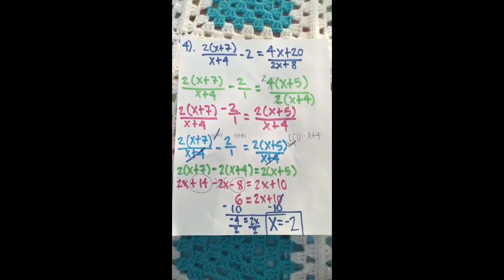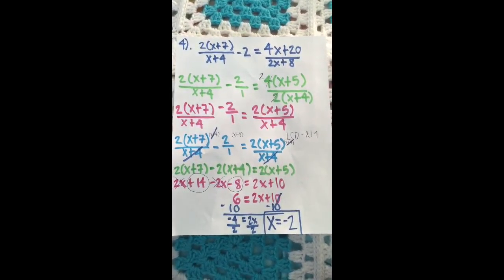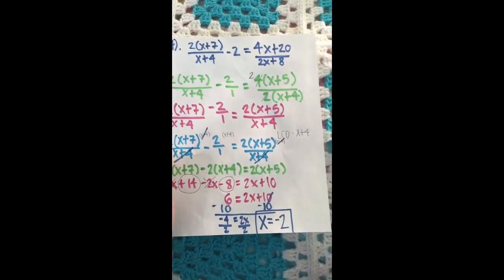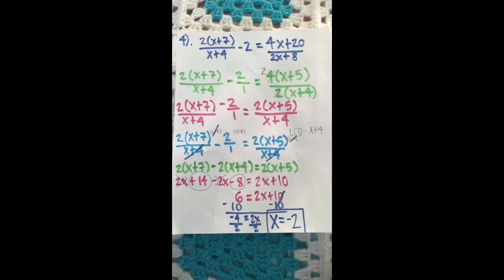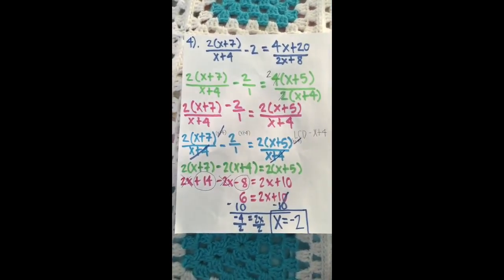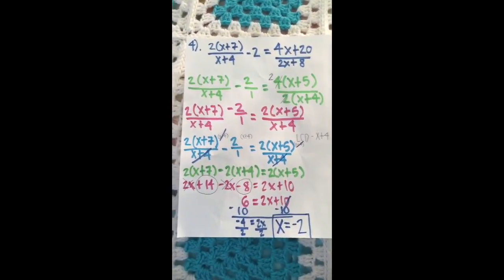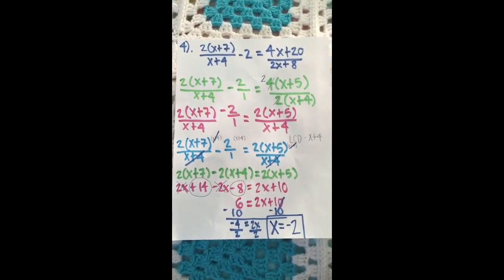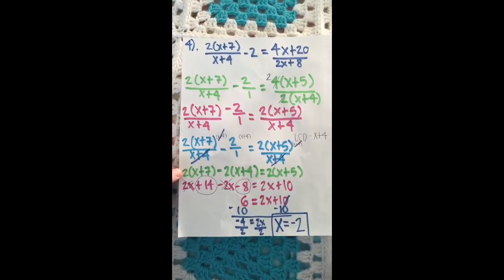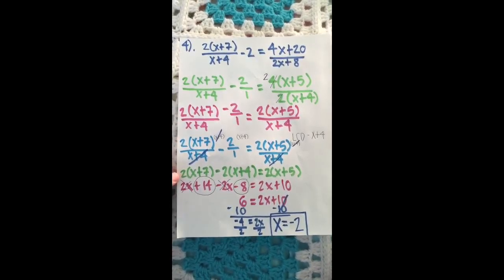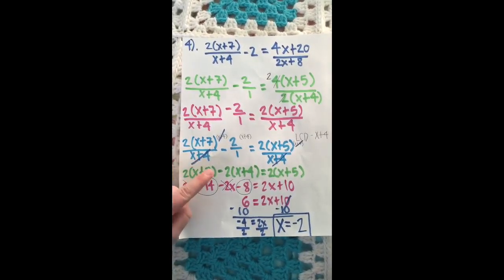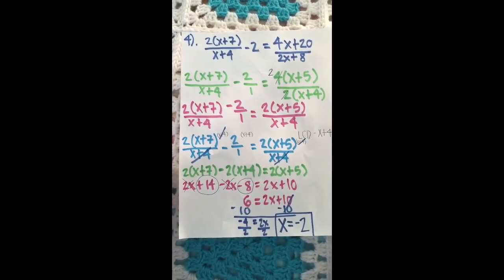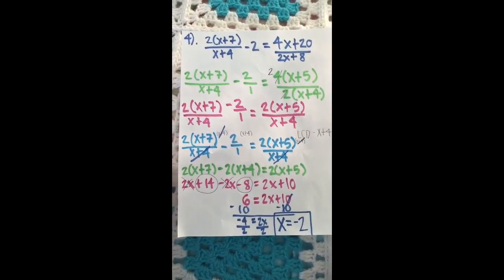you're gonna find the least common denominator, which is x plus 4, and you do that by multiplying your denominators, which is x plus 4 times 1 and times x plus 4. So then you get this written in green, and after you distribute these, you will get 2x plus 14 minus 2x minus 8 equals 2x plus 10.